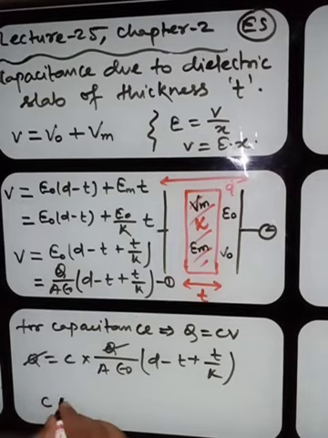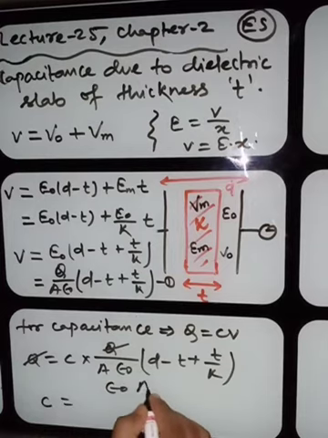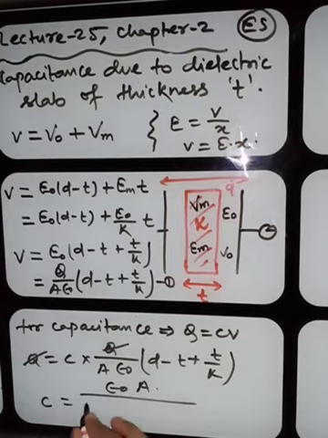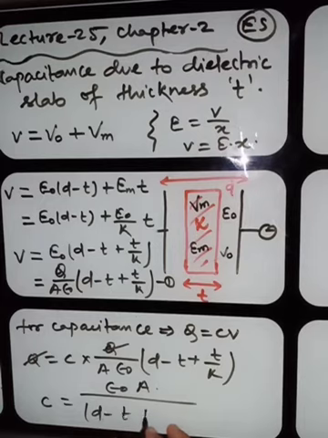So C is epsilon naught A by (D minus T plus T by K).